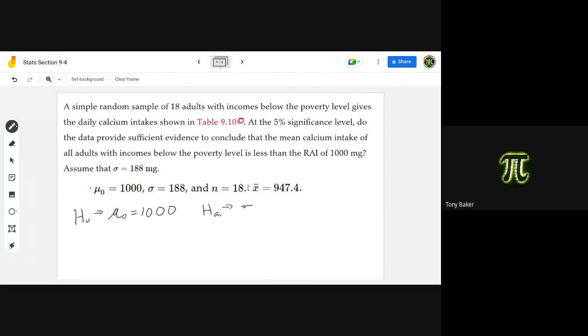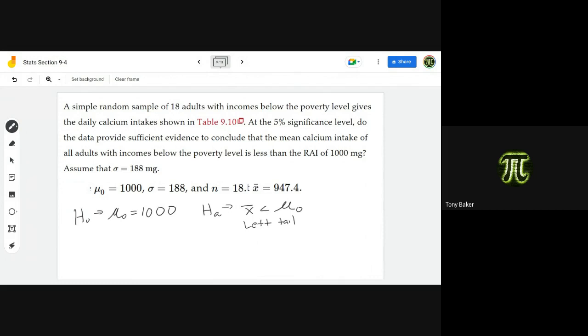Yes, that my sample is going to be less than the null hypothesis. Okay, so what kind of test is this? This is a left tail. Okay, so we're going to be looking at those negative values in this situation.